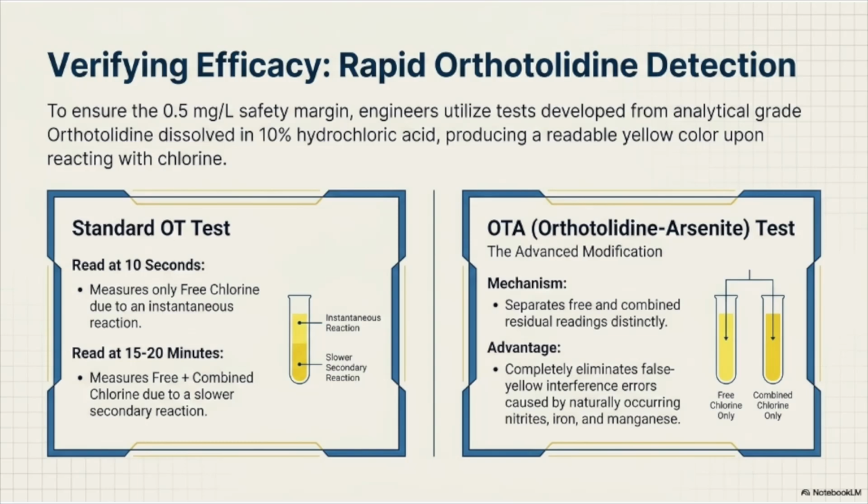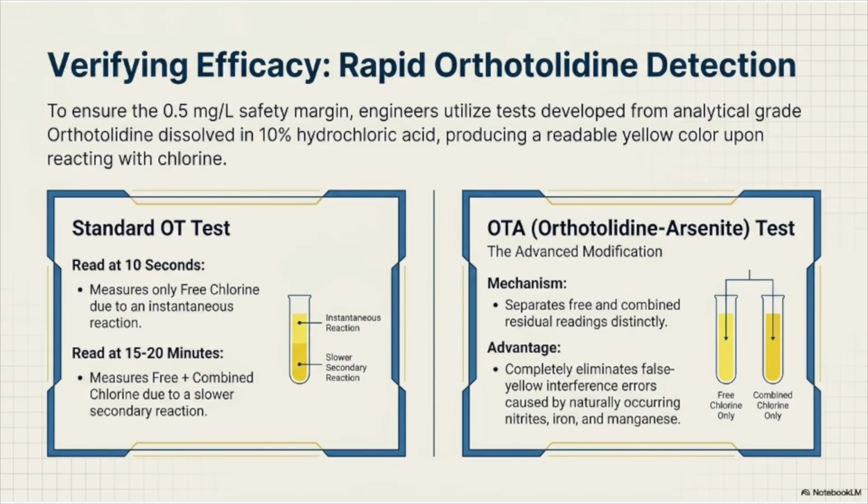This test uses analytical grade orthotolidine dissolved in 10% hydrochloric acid, which produces a readable yellow color upon reacting with chlorine. In the standard OT test, a reading taken at 10 seconds measures only free chlorine due to an instantaneous reaction, while a reading taken at 15 to 20 minutes measures free plus combined chlorine due to a slower secondary reaction.